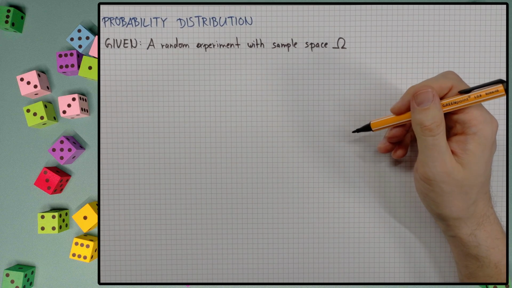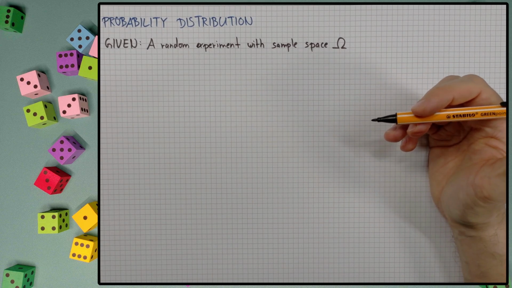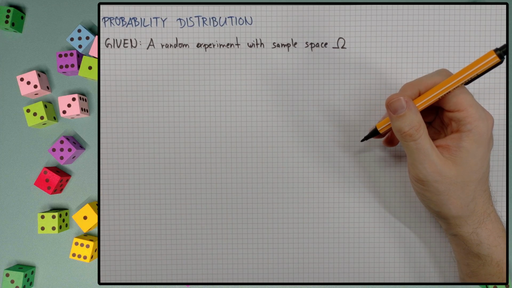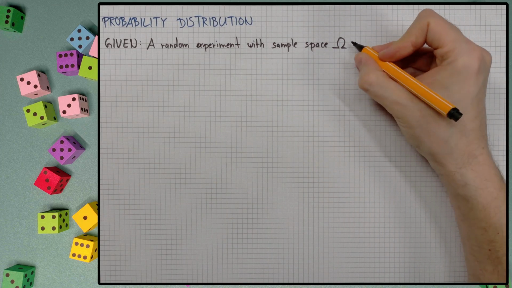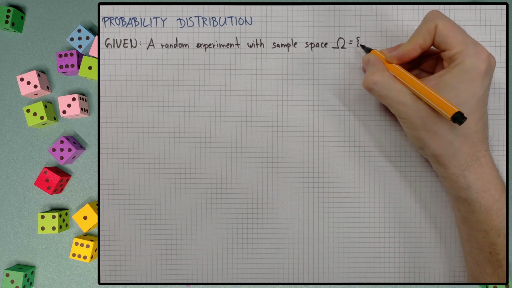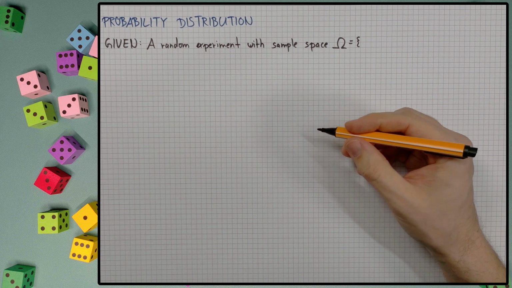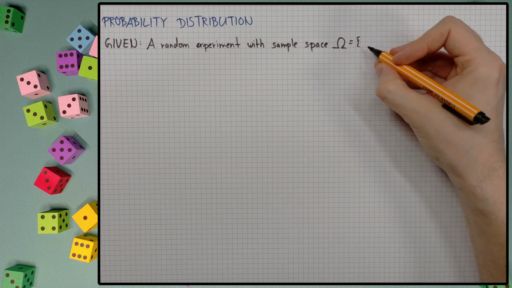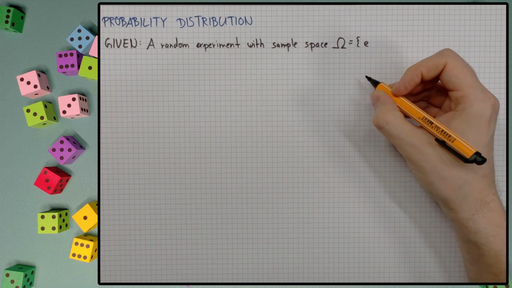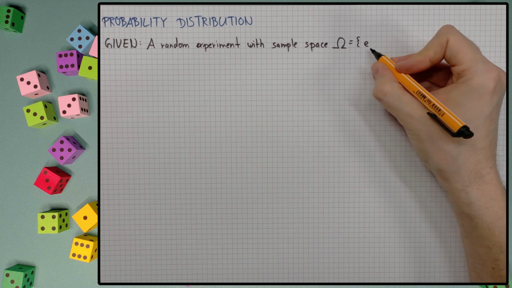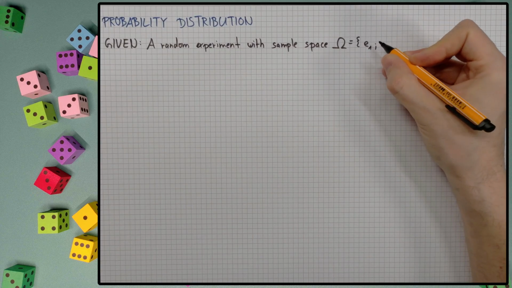Now, in our example, the sample space contained the possible rolls from 1 through 6. Because this definition is going to be a bit more abstract, a bit more general, we are going to label the outcomes with a lowercase e, and we're going to number them.